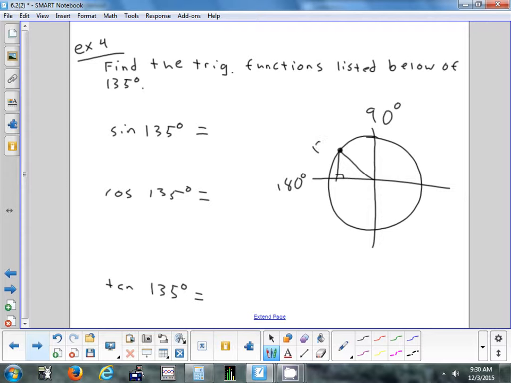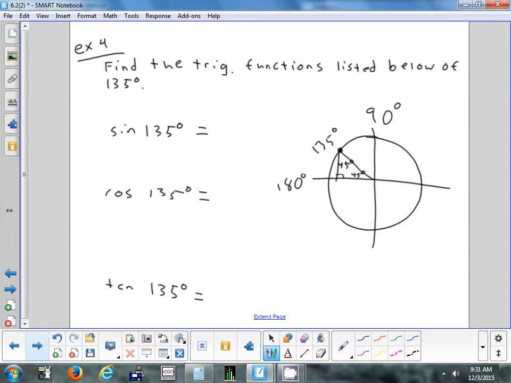So this is 135. So what kind of triangle is this? The 45, 45 or 30, 60? The isosceles triangle. Yeah, it's an isosceles, so it's 45, 45, 90. The only difference is this triangle has been flipped into quadrant 2.